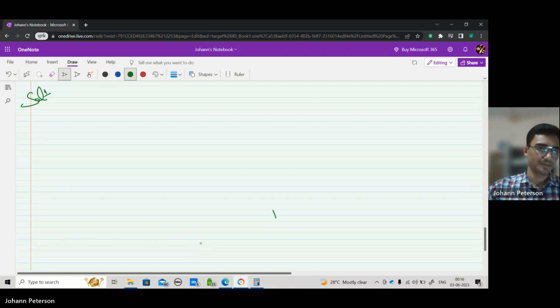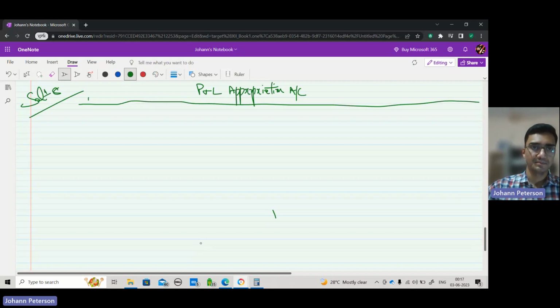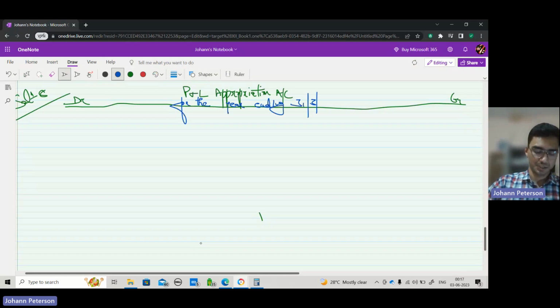Solution 8: P&L appropriation account for the year ending 31st March 2023.